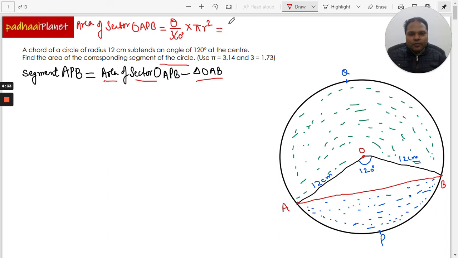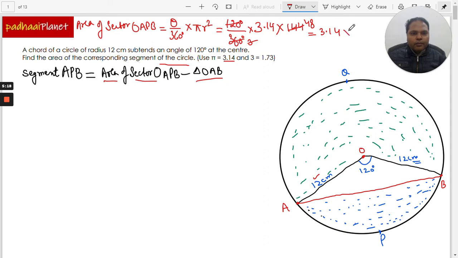So this is equal to theta, we already know this is 120 degrees, divided by 360 degrees multiplied by pi, which is 3.14 for us, and r square, r meaning 12, so that's 144. Now this is 1 upon 3, and 144 divided by 3 is 48.